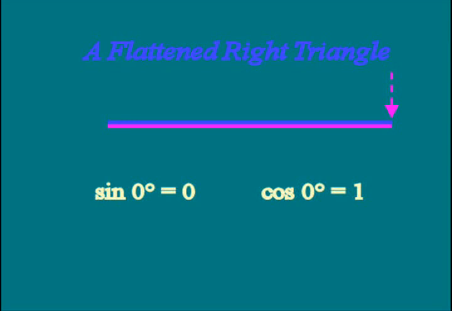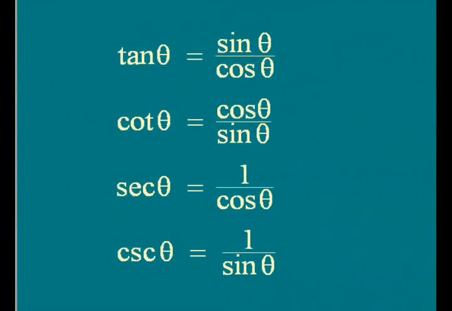Okay, now that we're experts on the sine and cosine functions, yeah, right. Let's move on to the other 4 trig functions. They all come from sine and cosine. Tangent is sine over cosine.